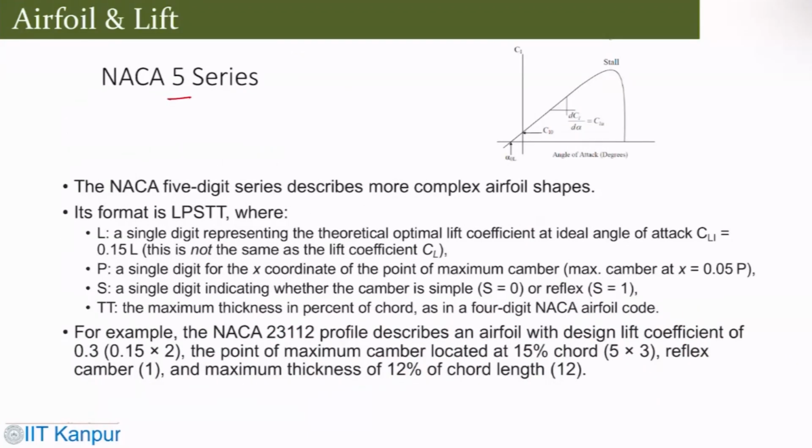Then you have the 5-digit series. The format of the 5-digit series is LPSTT. L is a single digit representing the theoretical optimum lift coefficient and ideal angle of attack, which is 1.5 times the L. P is a single digit for the x coordinate of the point of maximum camber, so maximum camber at 0.05 times P. S is a single digit number which says whether it's a simple camber or reflex camber.